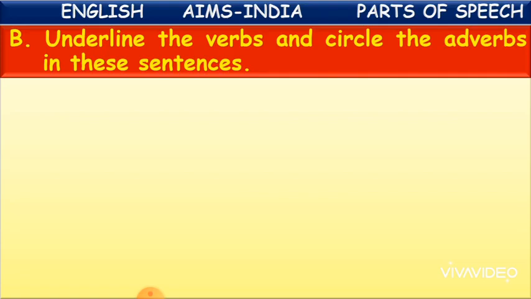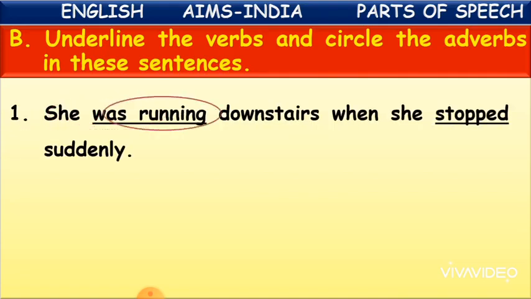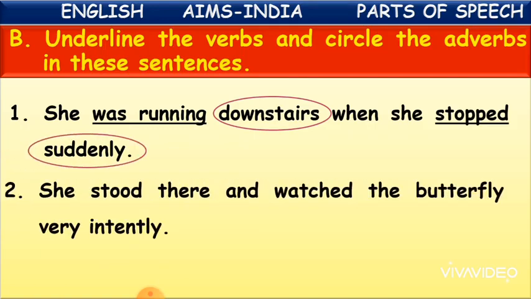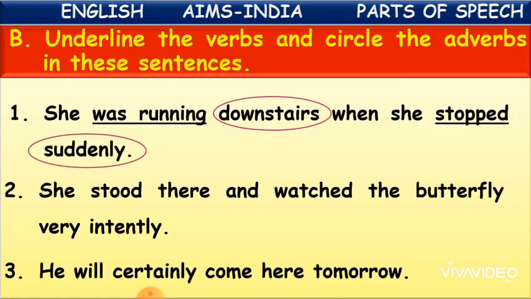Underline the verbs and circle the adverbs in these sentences. The first one is, she was running downstairs when she stopped suddenly. So what we have to do: underline the verbs. What are verbs? Action words which tell about an action or a possession. She was running. Here running is a verb because running is some work. Where?